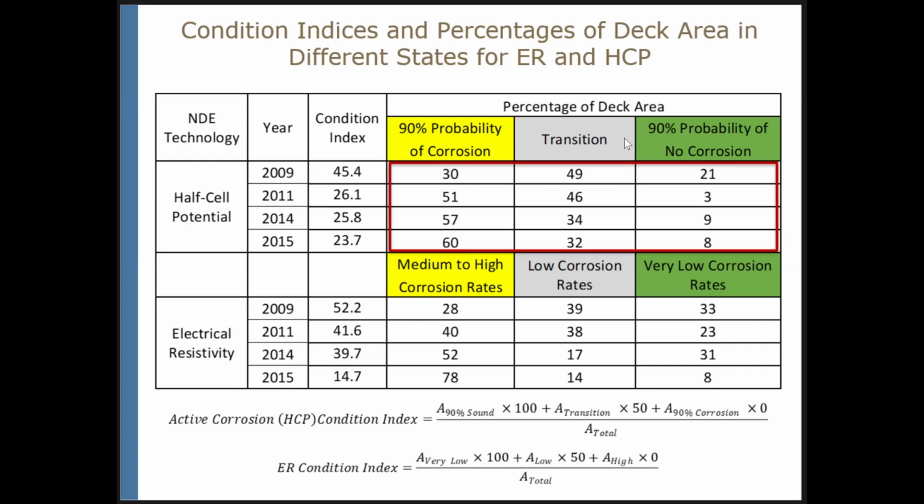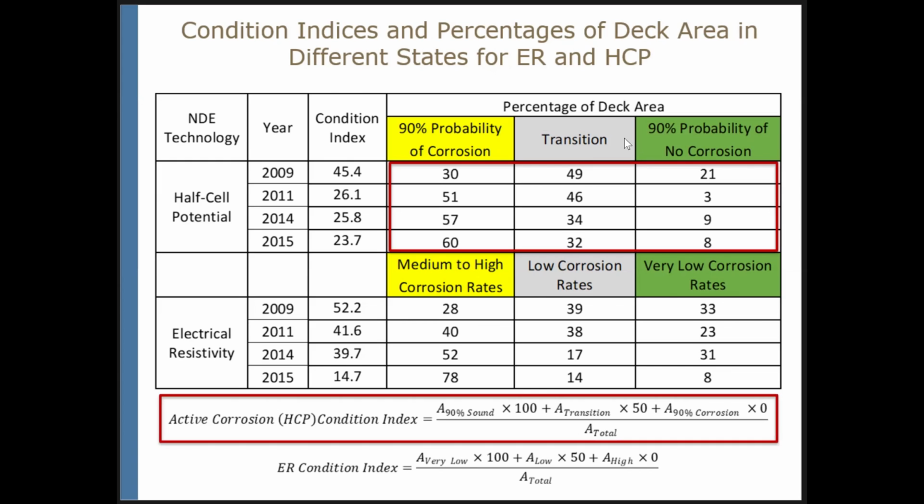So once we have those percentages, we can use a very simple formula like this one at the bottom, a weighted average, to calculate this condition index, which is in a range from 0 to 100, where 100 represents perfect condition, while 0 represents the worst possible condition. And you can see, for example, how this condition index changed with respect to corrosion activity during those 6 years.